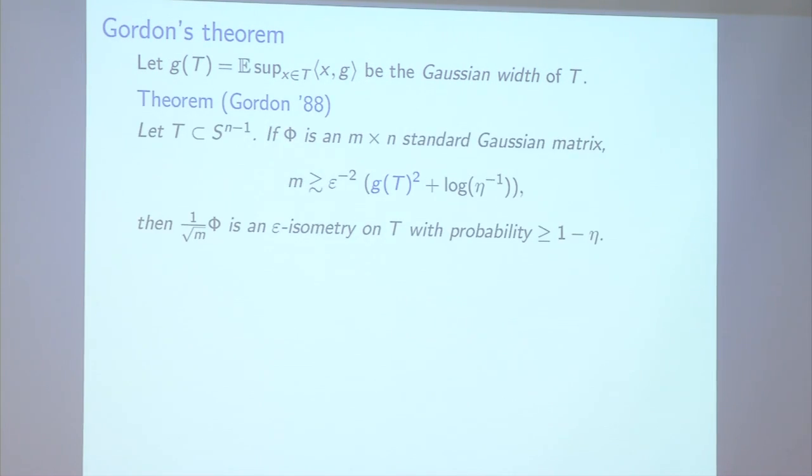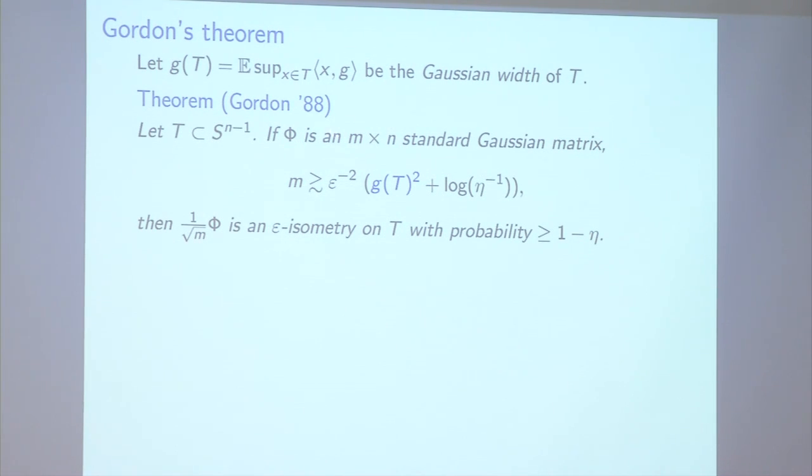And a complete understanding of this dimensionality reduction question was already answered a long time ago by Gordon in '88. So I'm going to look at these sets of normalized differences all the time, so we can now think of T as being some arbitrary set on the unit sphere.